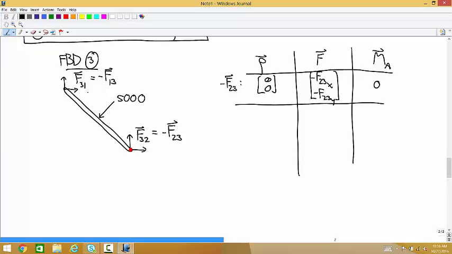And then for the 5,000 Newton force, what's the rho vector? Yep, good. So the 5,000 is negative 0.3535, positive 0.3535.